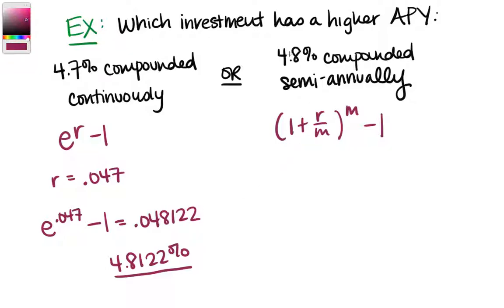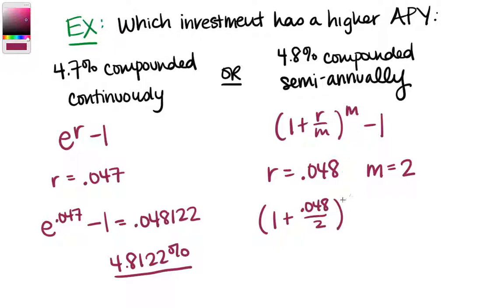With compounded semi-annually, our interest rate this time is a little higher, 4.8%, so 0.048, and M, the number of times it's compounded per year. Semi-annually means twice a year. So we fill that in: 1 plus 0.048 over 2, all raised to the M, which is 2, all minus 1.